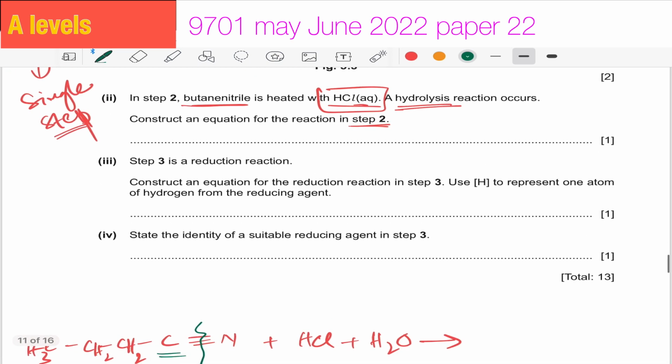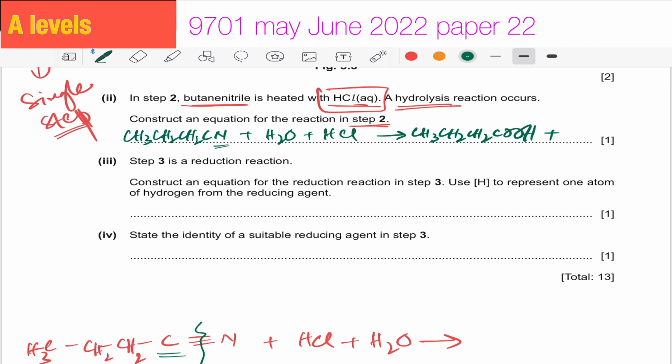So we will write the equation here. This would be CH3, CH2, CH2, CN reacts with H2O plus HCl. And first of all, the bond between carbon and nitrogen breaks and we get carboxylic acid. The cyanide will be converted into carboxylic acid, COOH, plus this nitrogen would be converted into ammonium ion, and ammonium ion will combine with this chloride ion to form ammonium chloride, right?